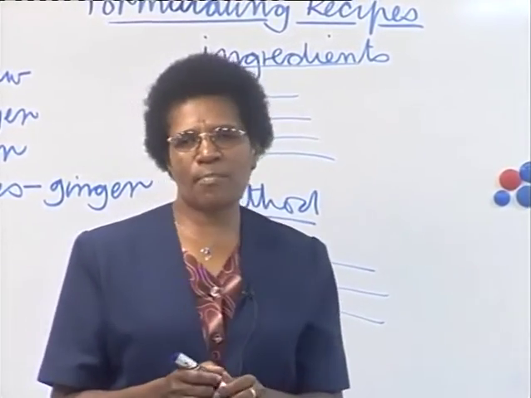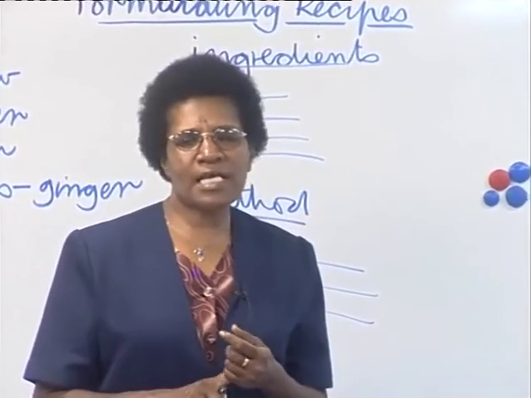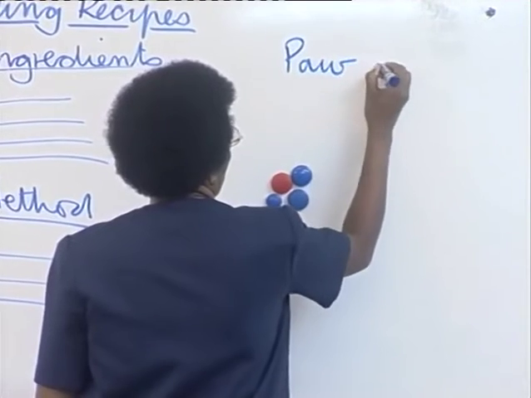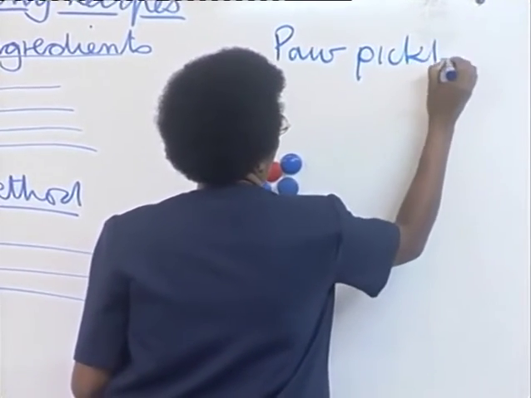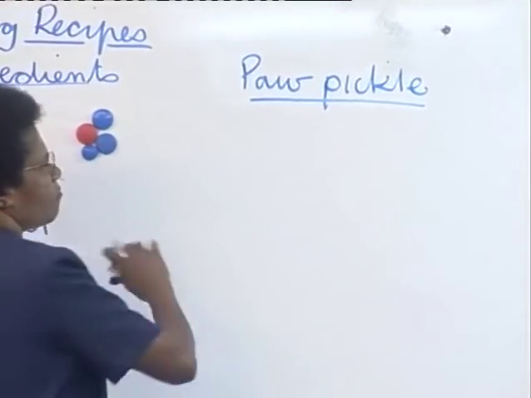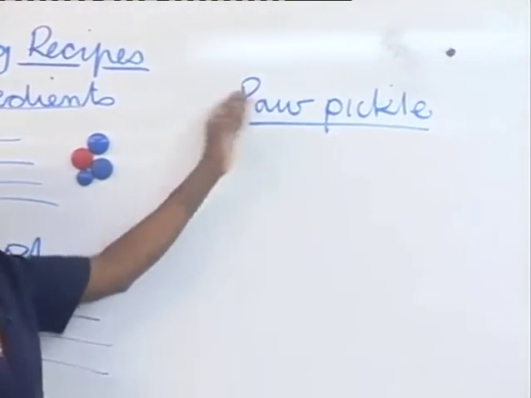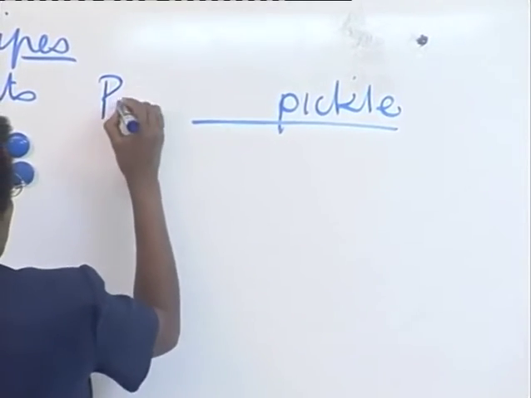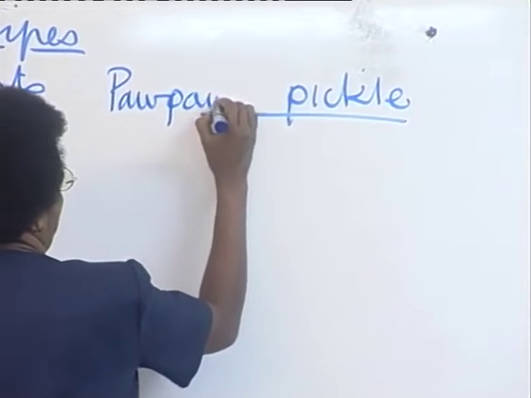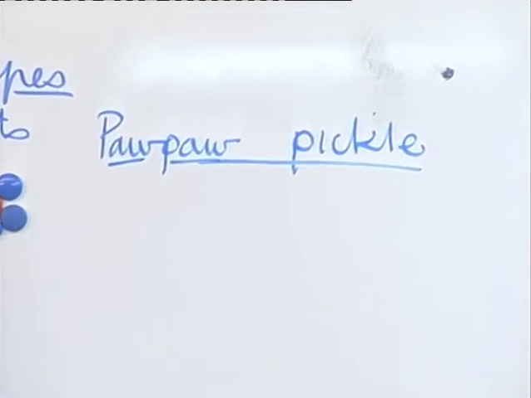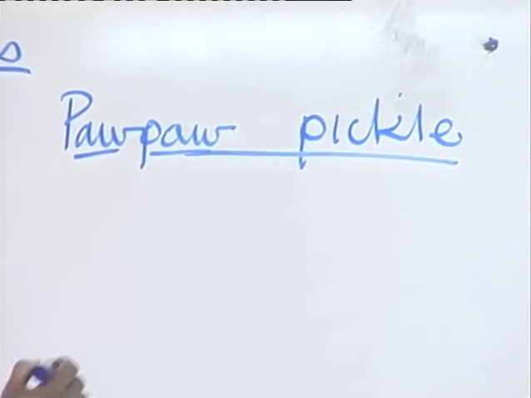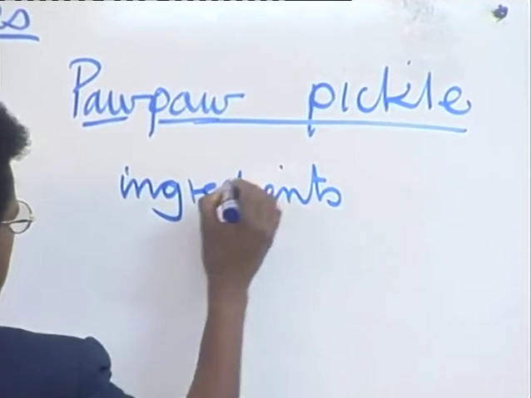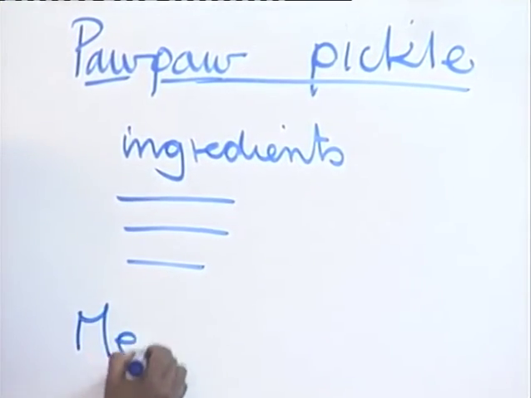Like the example we had earlier in the lesson: pawpaw pickle is the food dish, and then we have the ingredients listed, then the method.